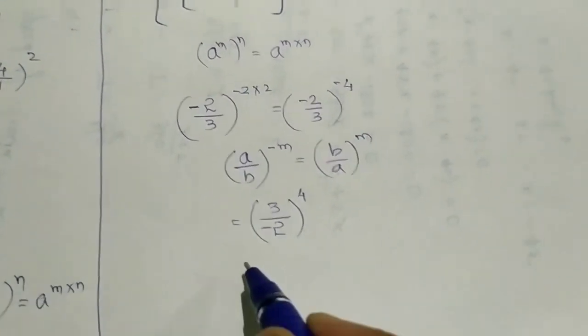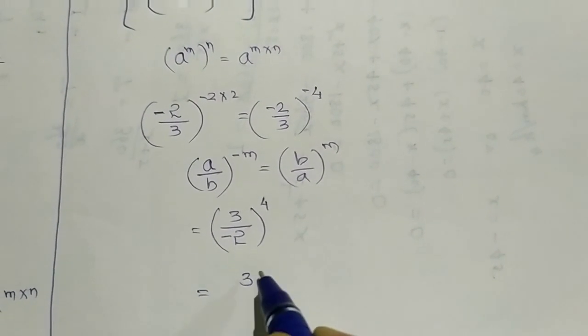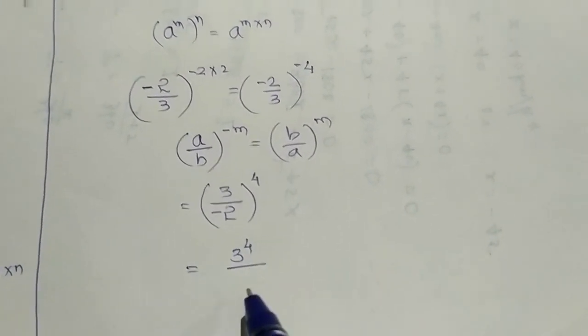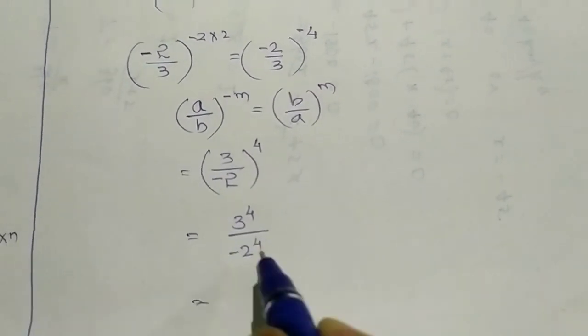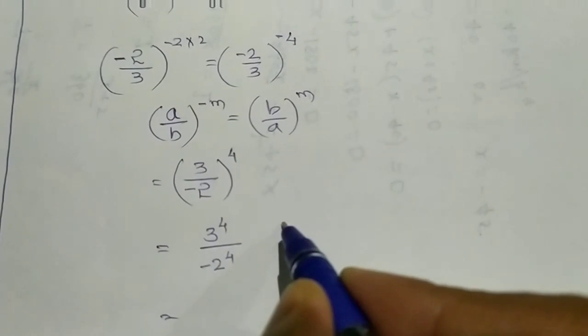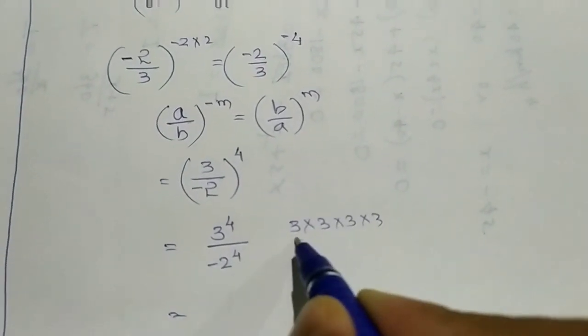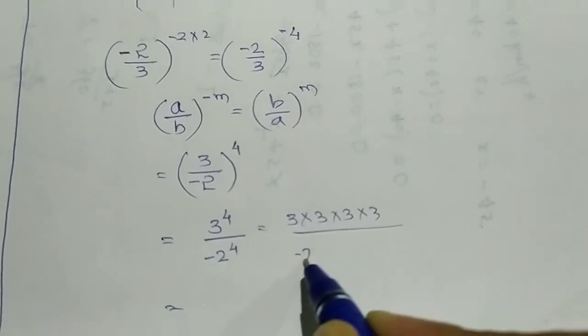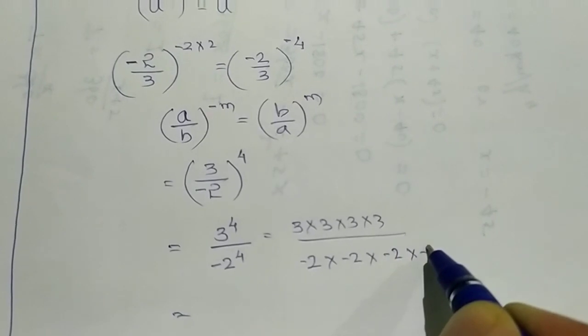Simplifying it for each term, you will get 3 power 4 and minus 2 power 4. If you simplify, it is 3 into 3 into 3 into 3 divided by minus 2 into minus 2 into minus 2 into minus 2.